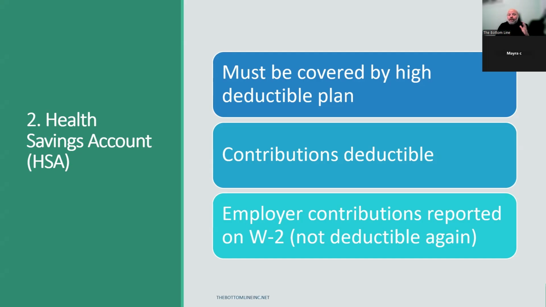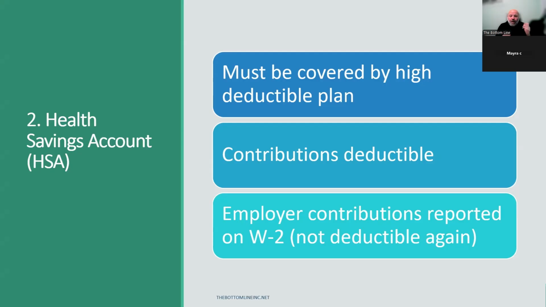If it's on the W-2, we don't want to put it here on our Schedule 1 because you can't double dip. But if the employee or the taxpayer is contributing themselves to an HSA account, it's deductible.